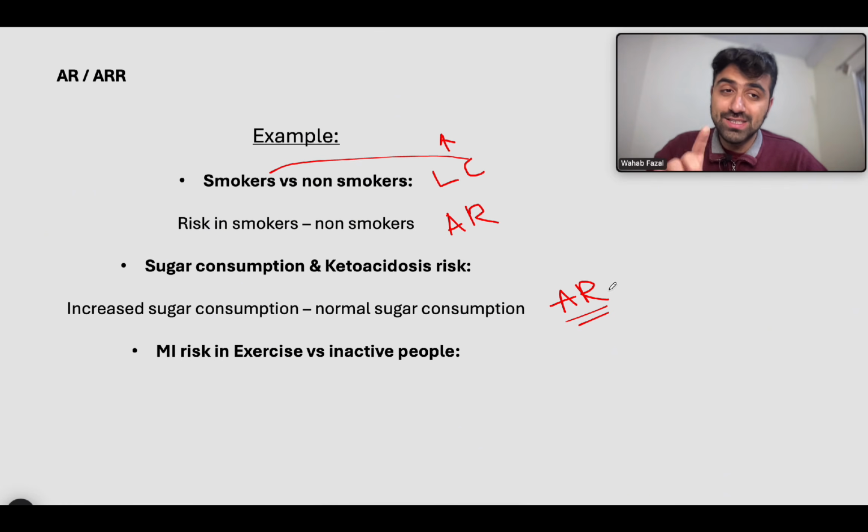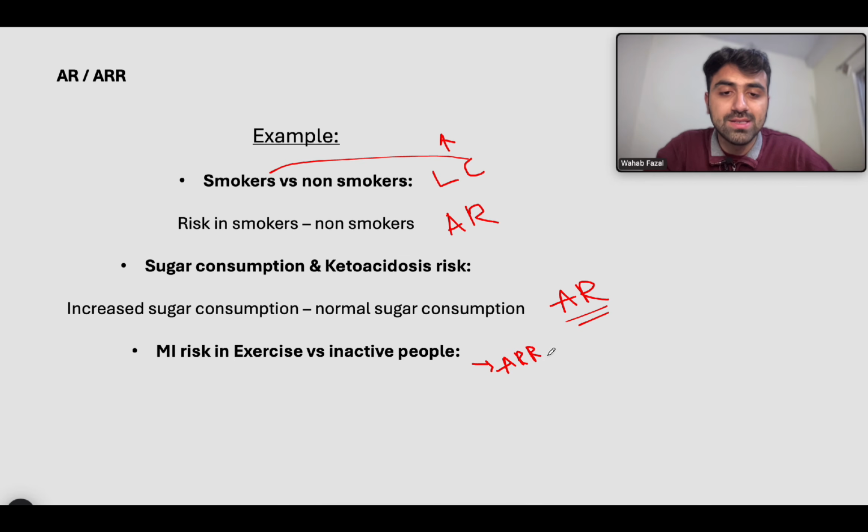MI risk in exercise versus inactive people. This is a smart question. Let's take a minute here. What does exercise do? Exercise reduces your risk of developing MI. Exercise is kind of like a medication. It's an intervention. And whenever you have an intervention, what do you call the difference in risk? You call it ARR, absolute risk reduction.